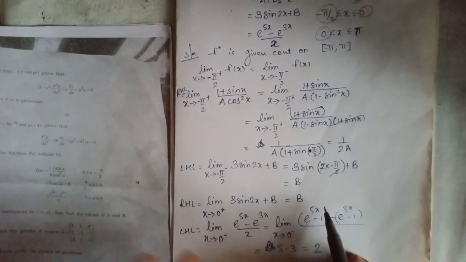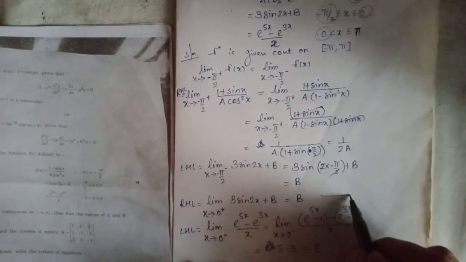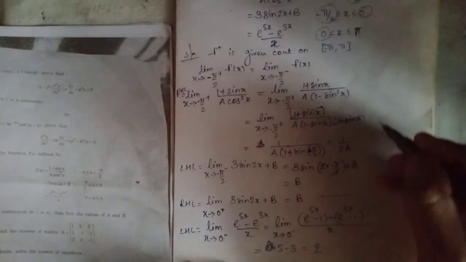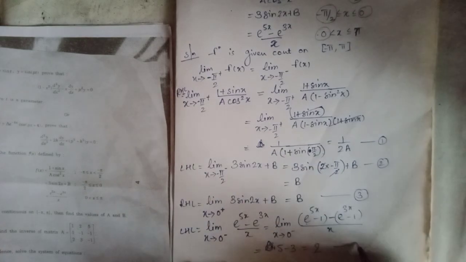Okay, so our b value, this is the first one, second one, third and fourth.